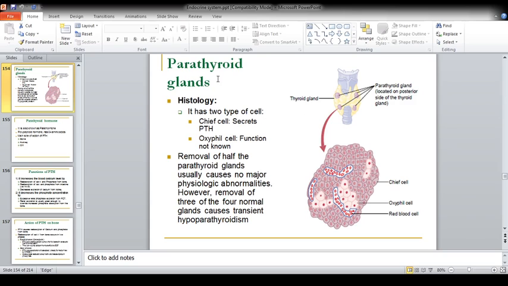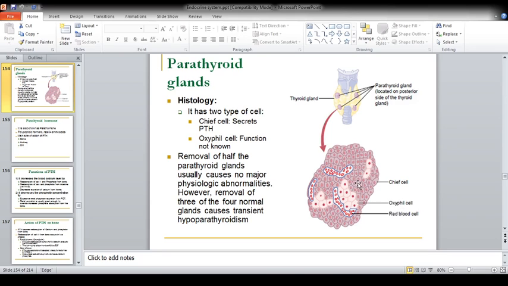If we look at the histology of the parathyroid gland, it has two types of cells: chief cells and oxyphil cells. The chief cells are the main cells responsible for the secretion of parathyroid hormone, and they are more in number as compared to the oxyphil cells.